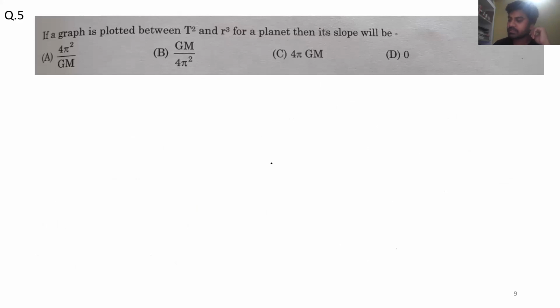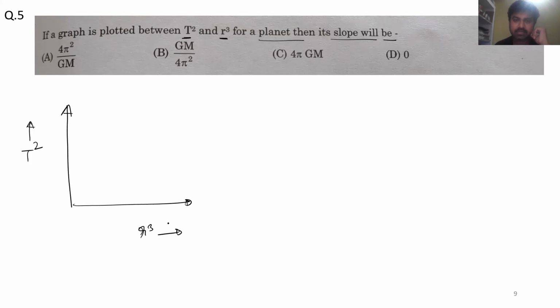Question number 5 says, if a graph is plotted between t square and r cube for a planet, then its slope will be. Let's say t square is on the y-axis and r cube is on the x-axis.